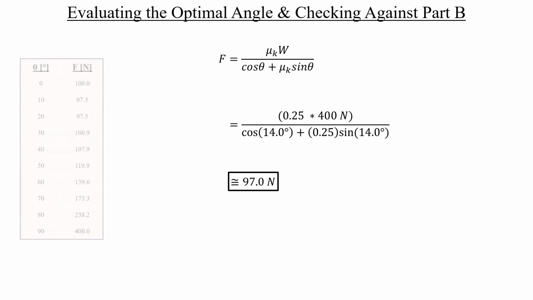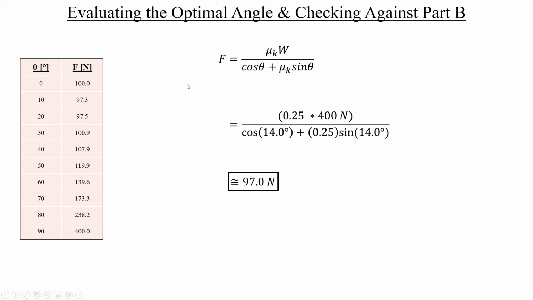Let's check the data points from Part B. Clearly, 97 newtons is in the neighborhood of the results around 10 to 20 degrees, but we can't say for sure if this is correct using increments of 10 degrees. So instead, let's investigate some values around the 14-degree mark that we found.